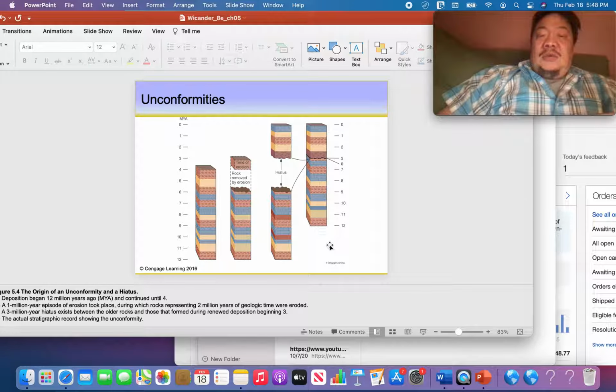So let's say we got into our vehicle and we drove and we went somewhere in Oliver Springs, and then we saw the following stack of rocks: shale, sandstone, limestone, sandstone, limestone, shale, sandstone, limestone, shale, limestone, shale, unconformity.